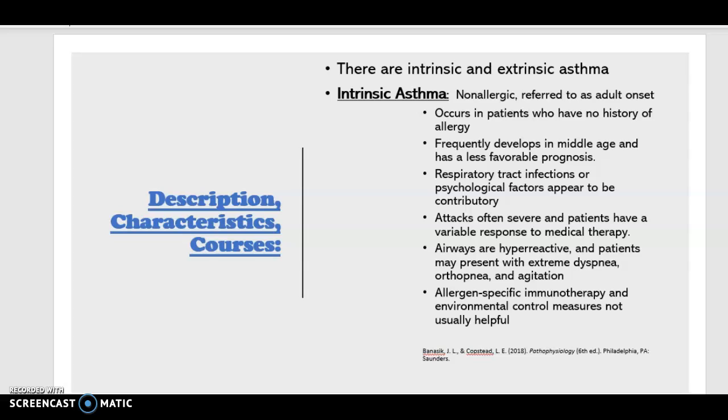You have intrinsic and extrinsic asthma. The intrinsic asthma is seen more in adult onsets and occurs in patients who have no history of allergy. It develops mostly in middle age and has a less favorable prognosis.